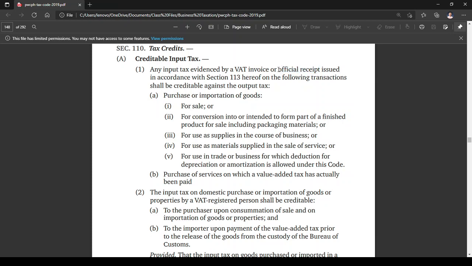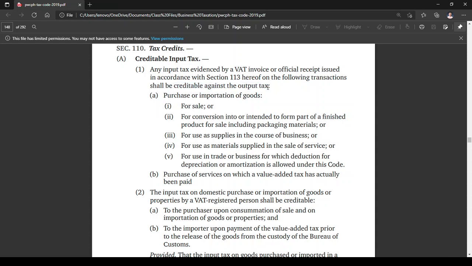At syempre, hindi naman tayo makaka-avail ng mga input tax kung wala naman tayong ebidensya, kung meron talagang input VAT na inavail tayo or binayaran natin. So, this input VAT, alam naman natin, this is creditable against the output VAT, output tax.